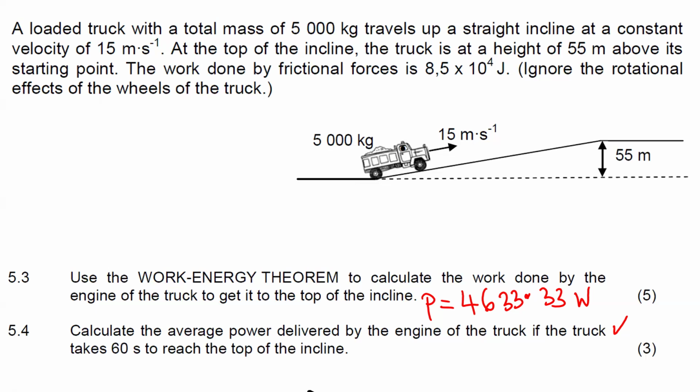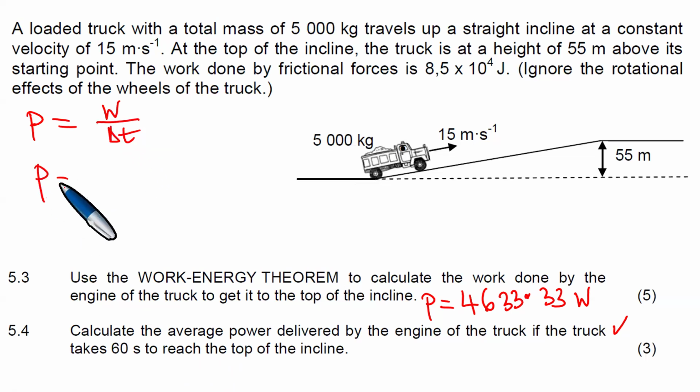Okay, to solve this particular problem, you need to take into account that we actually are able to determine. We are doing 5.4. Then you need to remember that power is work done per unit time.